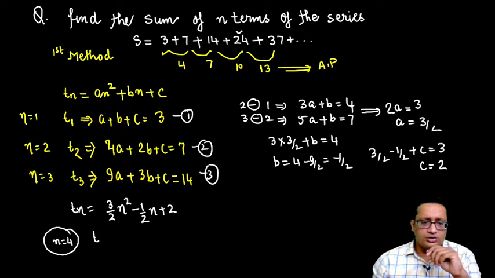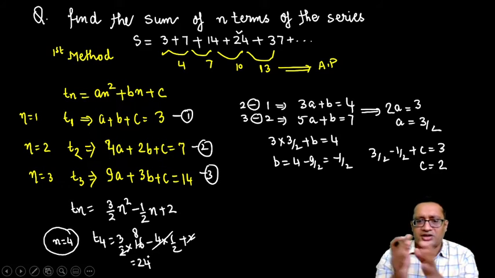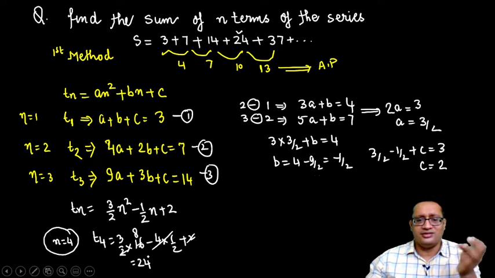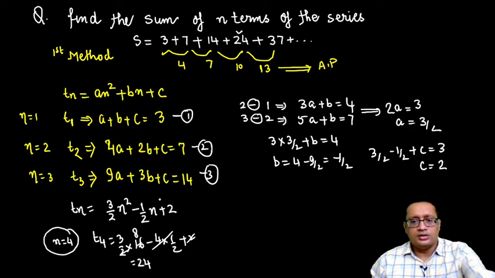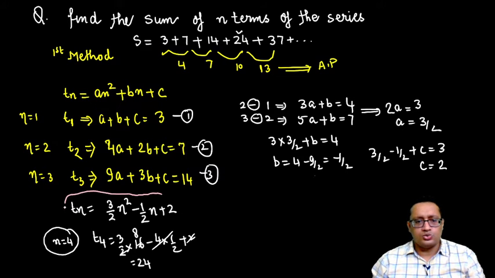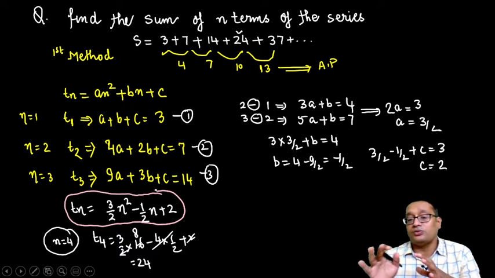Then t4 is equal to 3 by 2 into 16 minus 4 into 1 by 2 plus 2. This gets cancelled, this becomes 24. Yes, my answer is correct. The nth term of the series is 3 by 2 n square minus half n plus 2. Initially we were not able to find this nth term, but with this method we are able to find it.